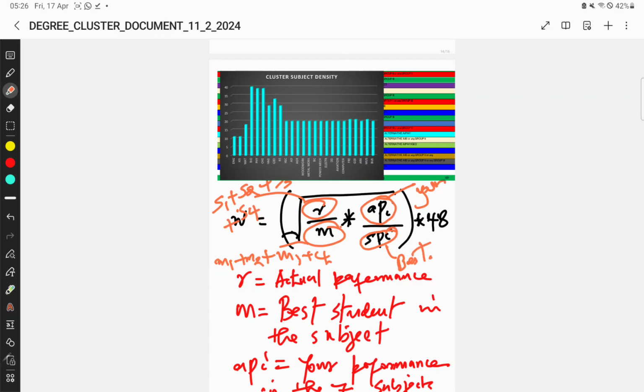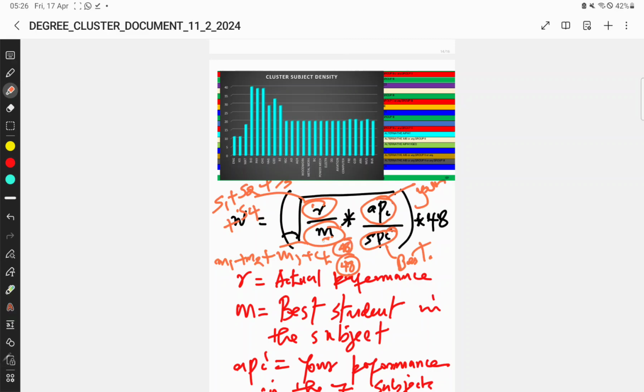So what does this mean? This means that when your performance is moving towards the best student, let's take a case whereby the best student has 48 points for that particular case, and you also score 48.